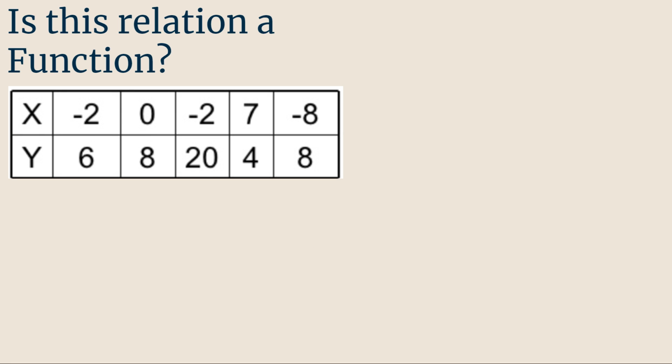Here's another table. We have negative 2, 6; 0, 8; negative 2, 20. So I'm seeing an x value that repeats. Just because you see an x value that repeats doesn't mean it's automatically not a function. You have to check, is it going to the same value? Okay?